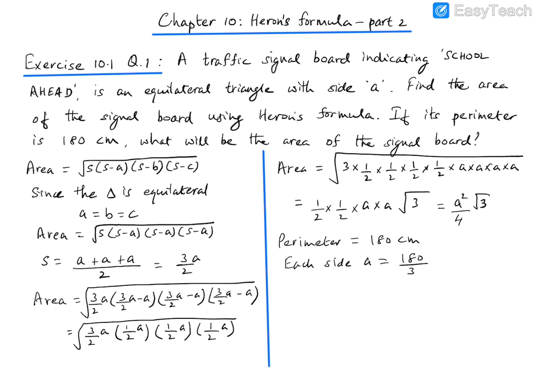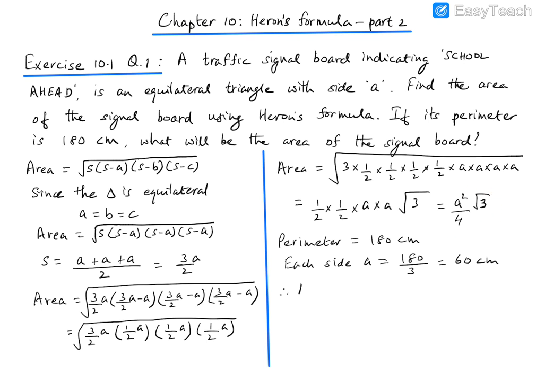So we divide the perimeter by 3, so we get the length of each side as 60 centimeters. So now that we have the length of each side as 60 centimeters, we can substitute this in the expression for the area and calculate the area.